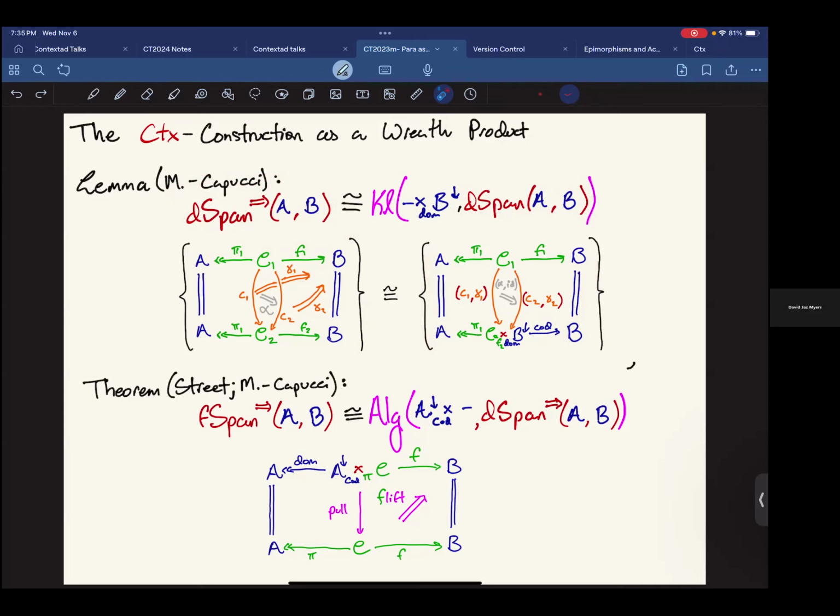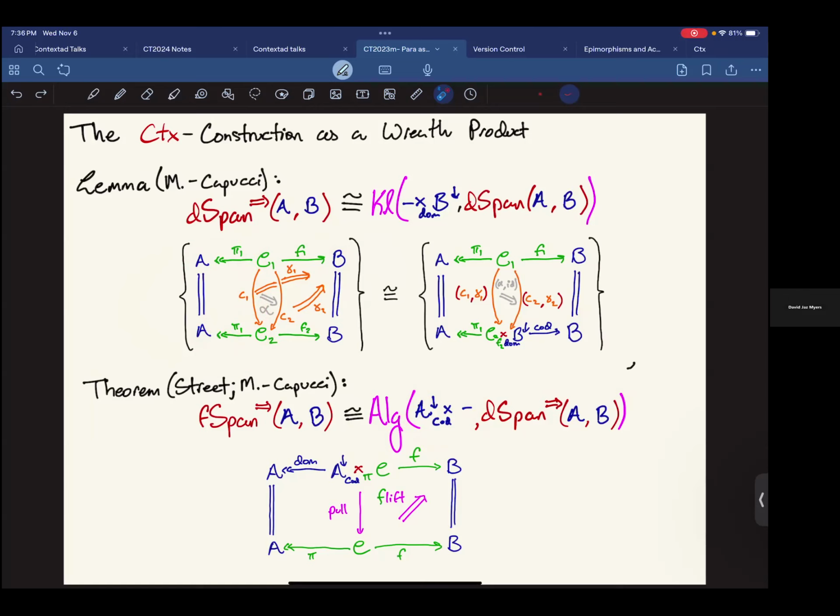And then the second lemma, and this is sort of a generalization of what Street does in this paper on fibrations by categories, is that just having D-span, but the property that this thing here is a fibration, and the property that these maps here are Cartesian, means you're working in the category of algebras in this two-category for the monad on it given by composition on the left by the arrow monad, the arrow pseudo-monad, which was the double category, right?